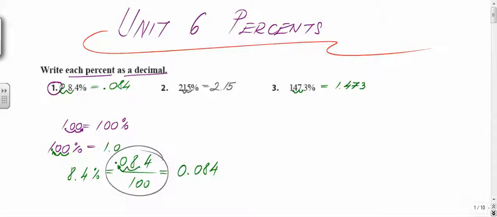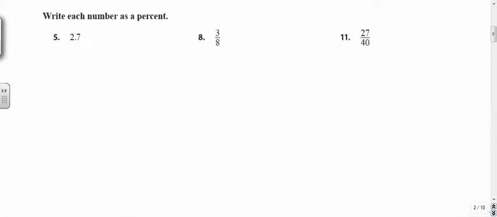Okay? Moving on. Write each number as a percent. Okay, number 5. Now, to write my number as a percent, I'm going to do the backwards of what we did previously, right?